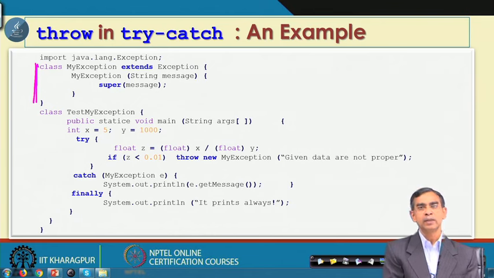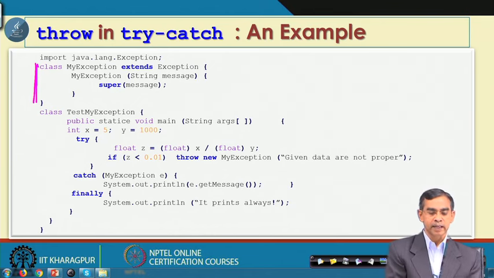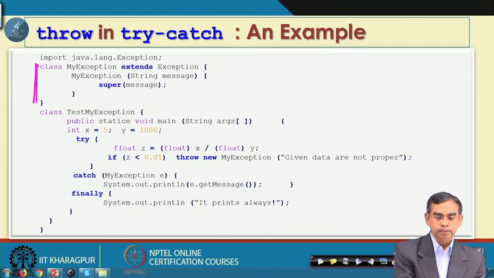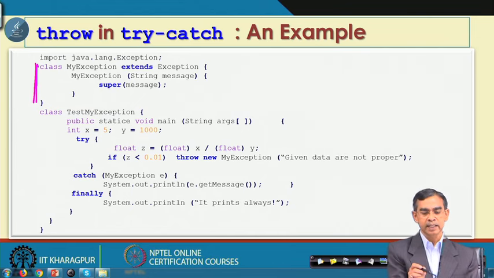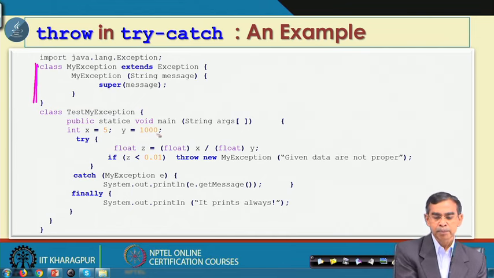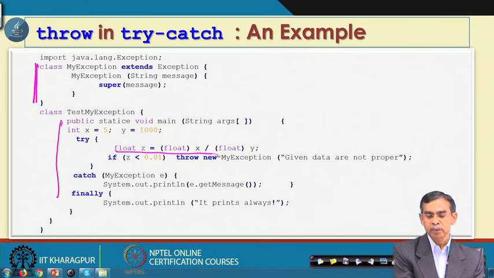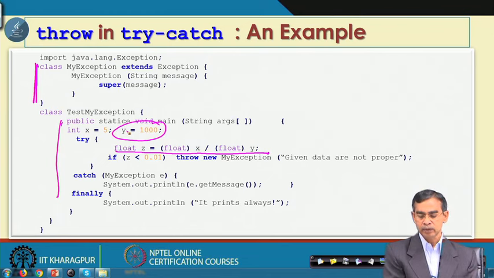Once you define the user exception class, then you can create an object of that class, and here is an example. If we see this example, it is a very simple one. This is the main method, and here the possibility of causes of error is there, obviously y is 0, but in this case y is always the static value 1000.